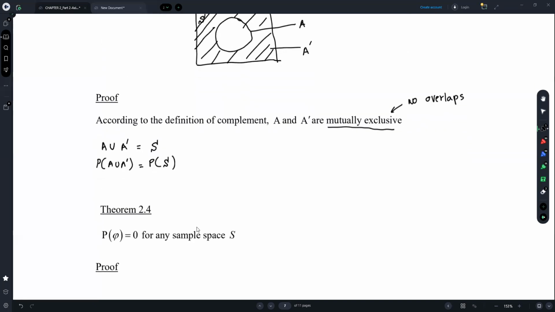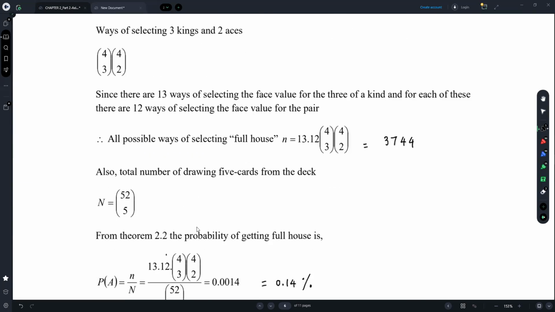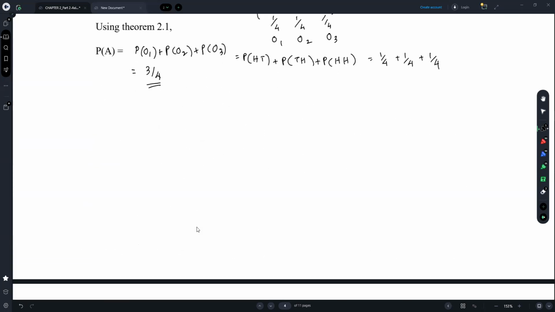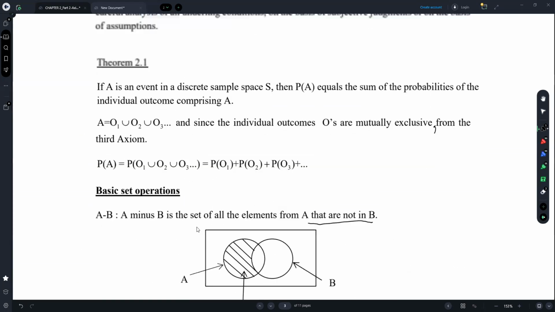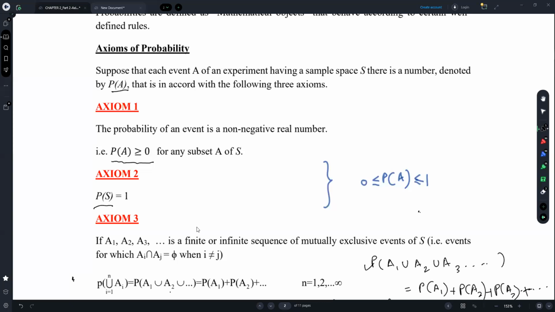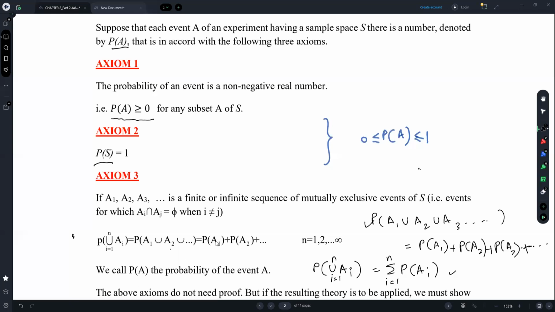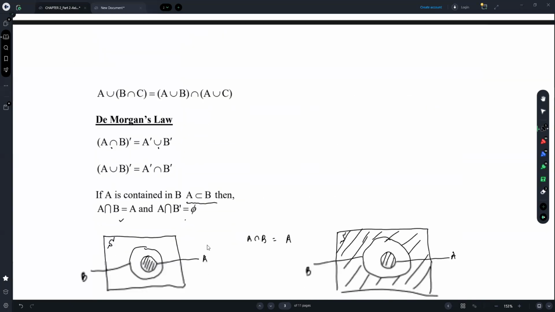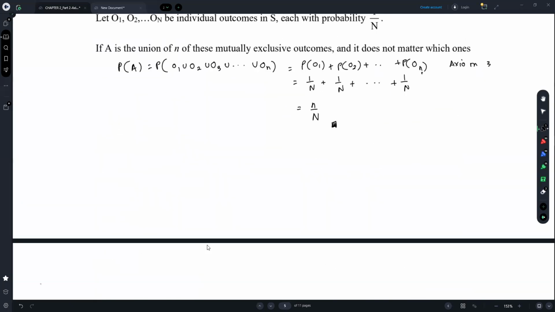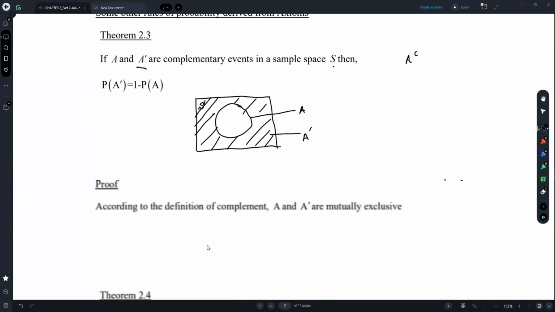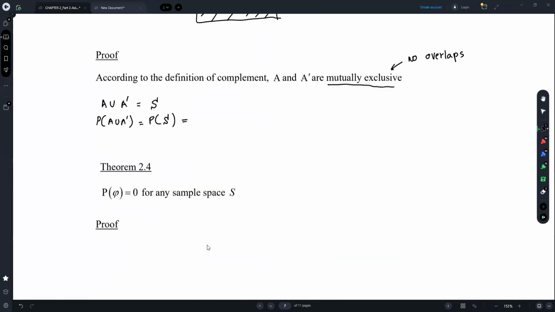But what is the probability of S? The probability of the whole sample space, axiom 2. See? The probability of the whole sample space, that is 1, right? And so this is what we did in the previous step. So on our right hand side, we have 1, right?